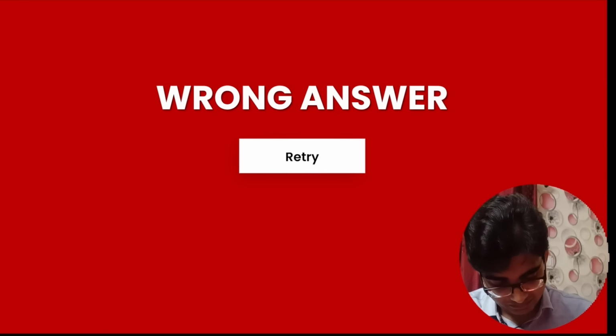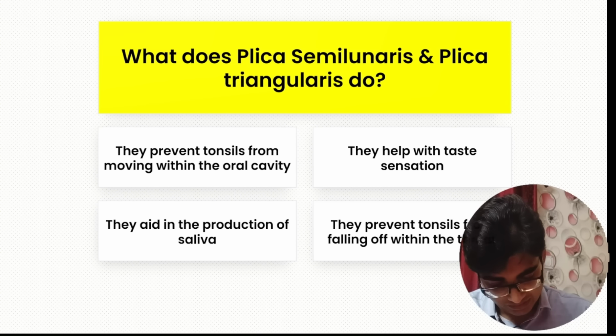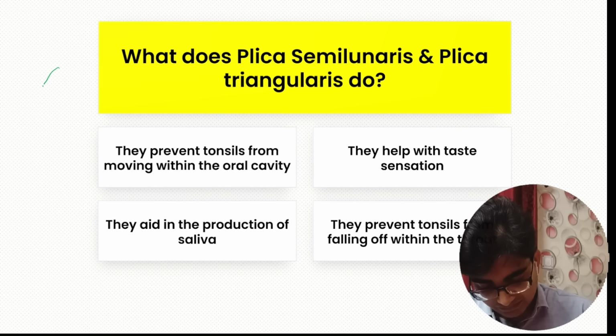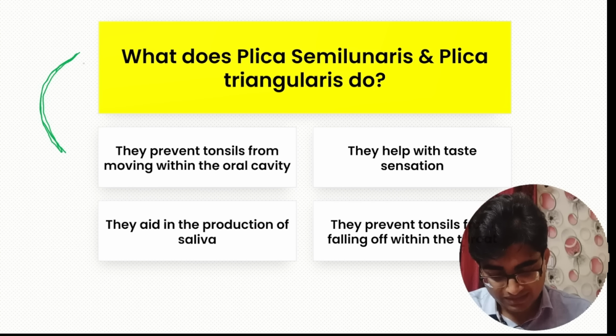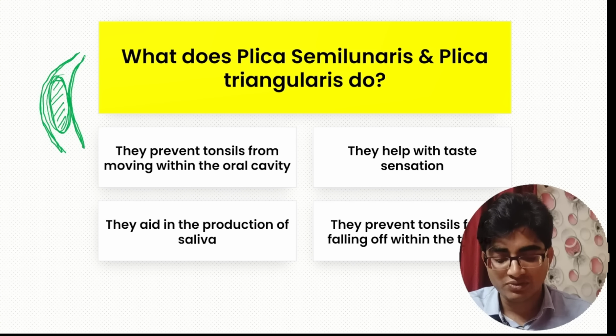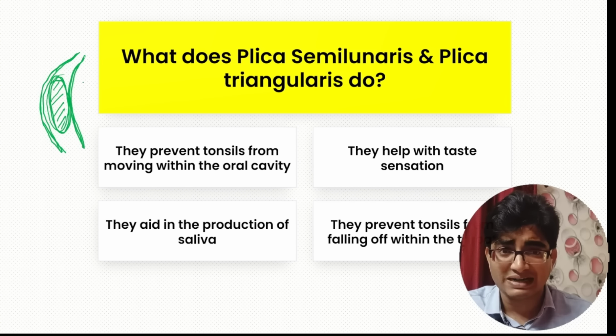there is one anterior pillar of the palatoglossal arch and one posterior pillar of the palatopharyngeal arch. There is the tonsil, the palatine tonsil, sitting in between the two, supported anteriorly by the anterior pillar, posteriorly by the posterior pillar.